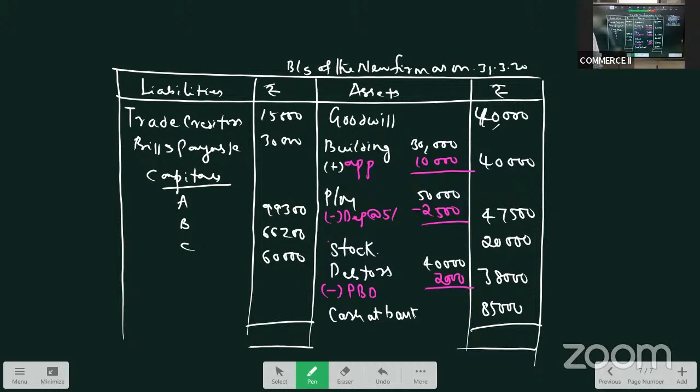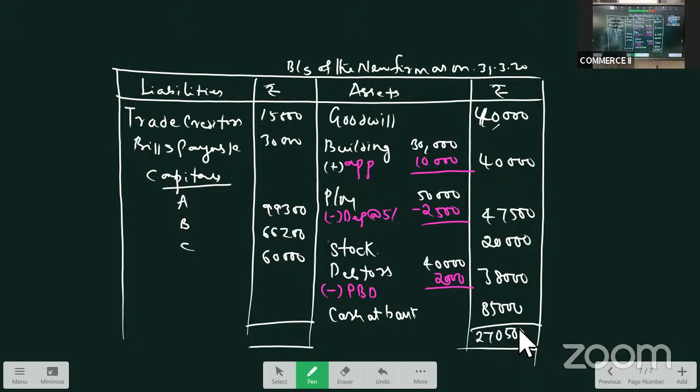See the total. Do the totaling on both the sides. On the asset side, the total is 2,70,500.